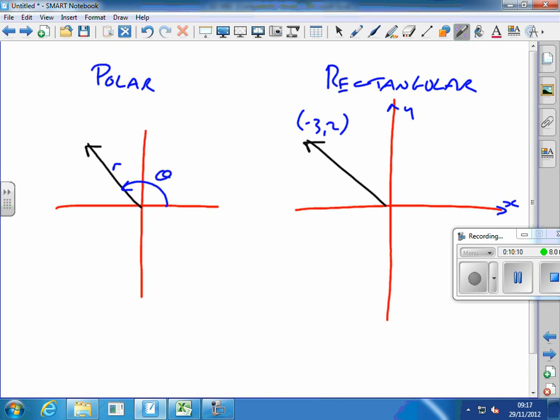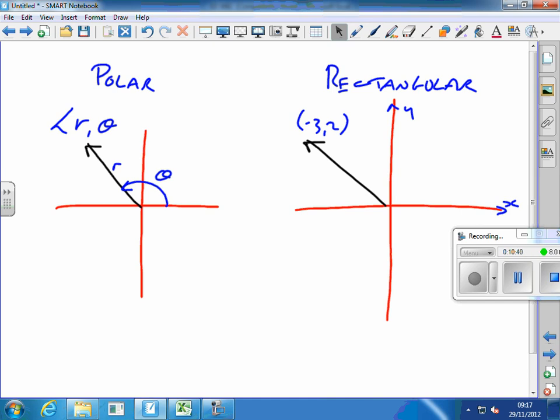Here we're measuring a position from the angle from the x-axis, and then a distance, r, to the end. And so we'd represent the position of the point by the coordinates r, theta.